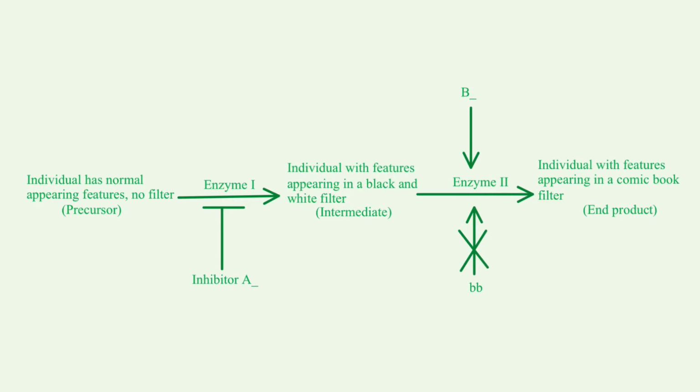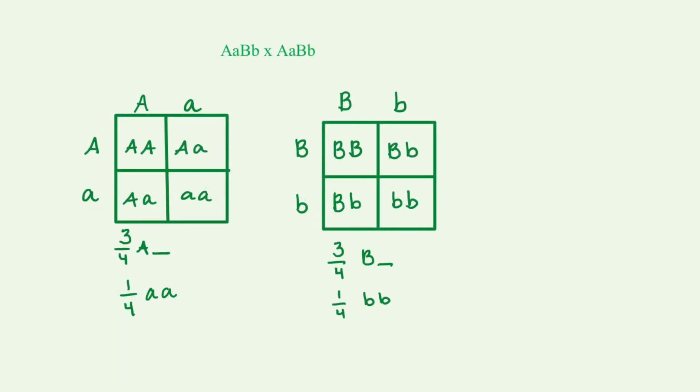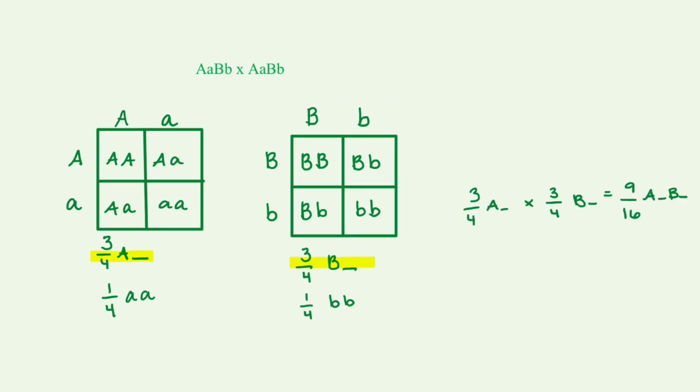Let's do a few examples to get familiar with this. So if we were to use the example of 2 heterozygous parents crossing, we would get these Punnett squares with the values of 3/4 to 1/4 ratio between the dominant and recessive alleles. So to find the offspring, we would calculate the probability of one crossing with the other, and you can see that if you cross the big A allele with the big B allele, regardless of what the second allele is, we could get 9/16 based on the ratios from the Punnett squares.